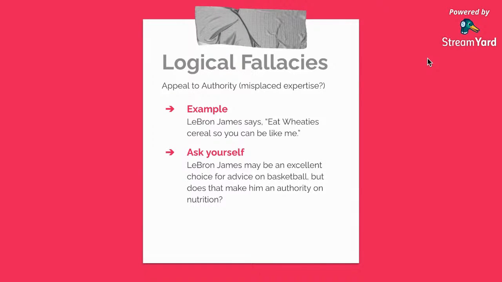But is he a registered dietitian? What gives him authority on nutrition? You might say, well, he has to eat a certain way to support the athletic work he does all the time, which is accurate. Does that make him an expert?